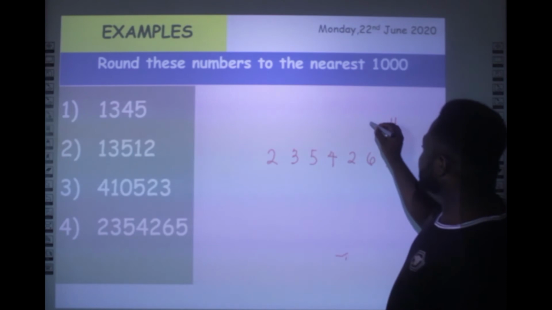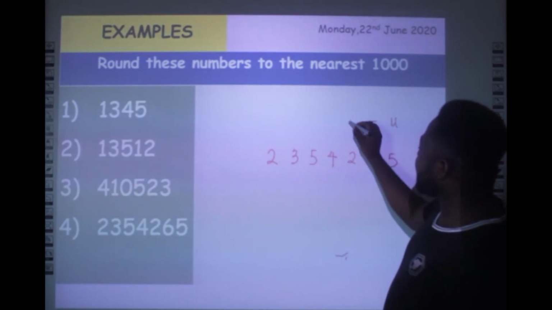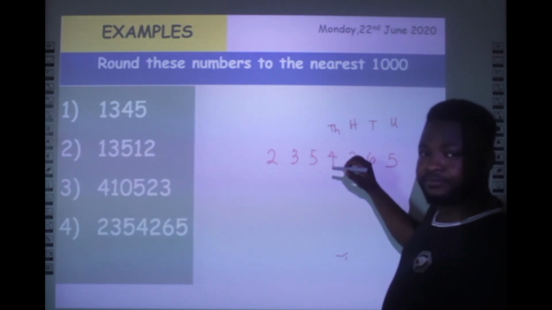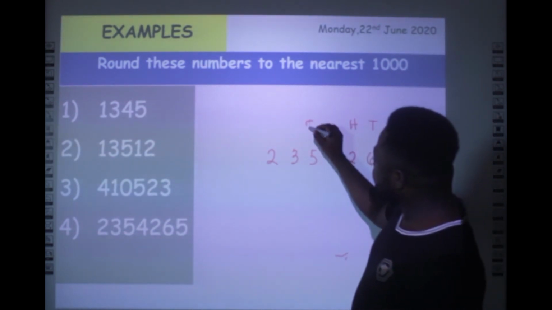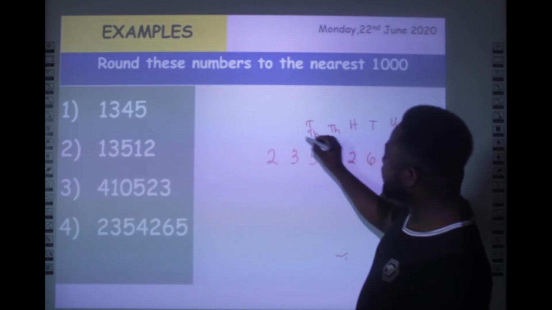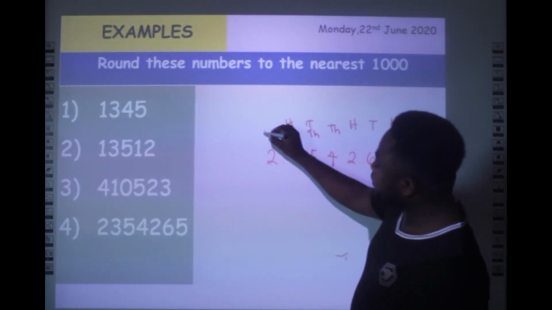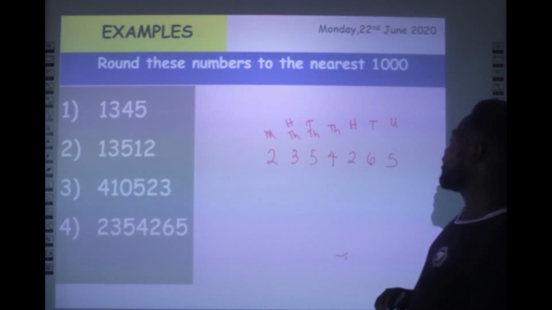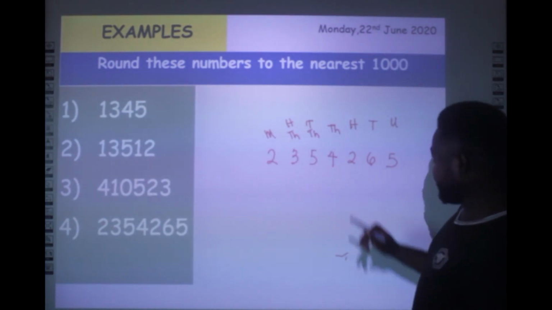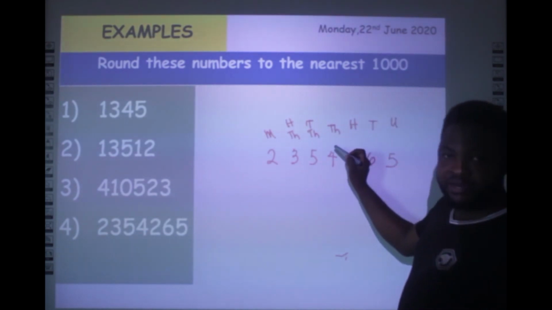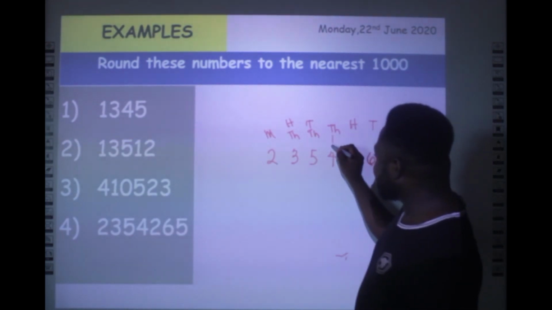These are units, the 10, the 100, the 1,000, 10 thousands, 100 thousands, then millions. Now, the first step is to locate the target digit, 1,000. This is where we have 1,000, so this is the target digit.